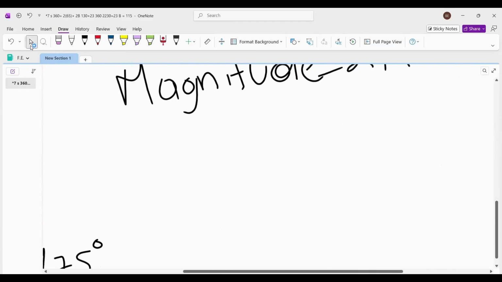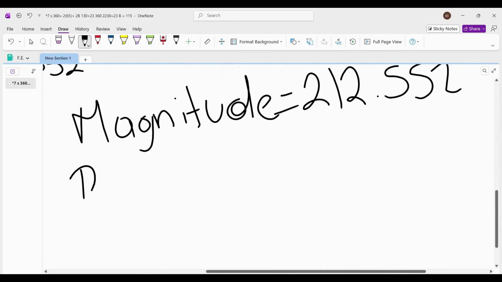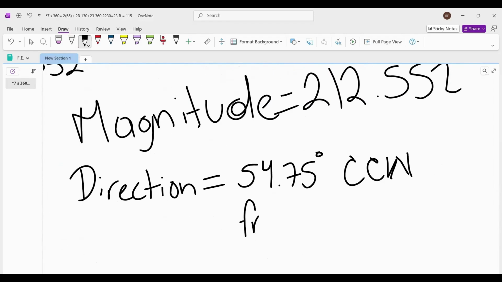I always like specifying that. So we're going to put here that the direction was 54.75 degrees counterclockwise from the positive x-axis.